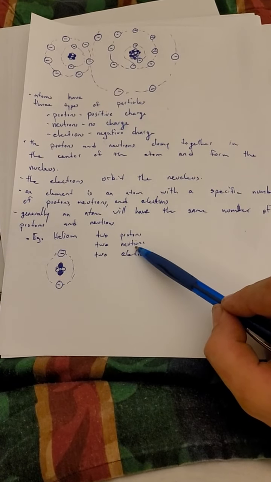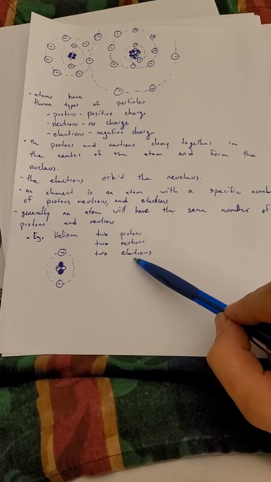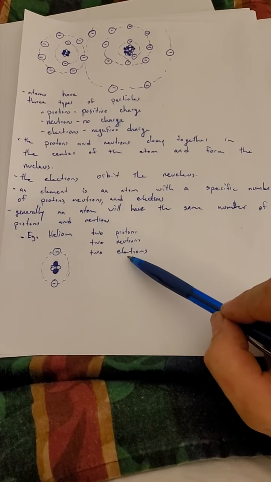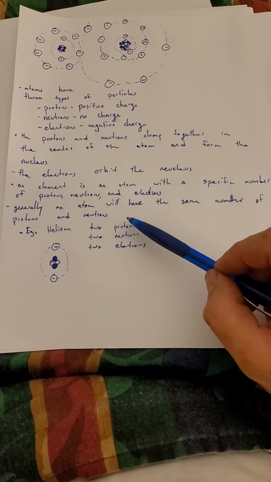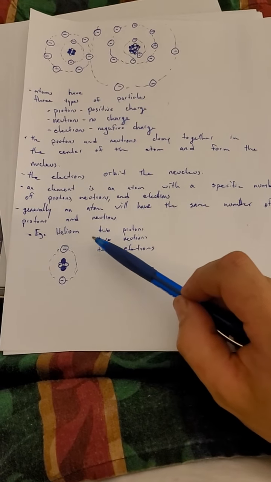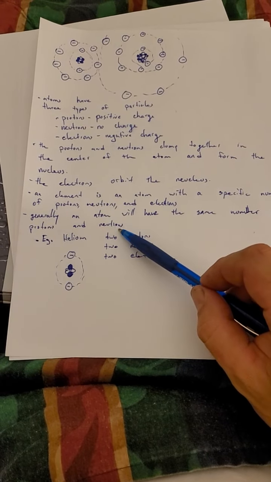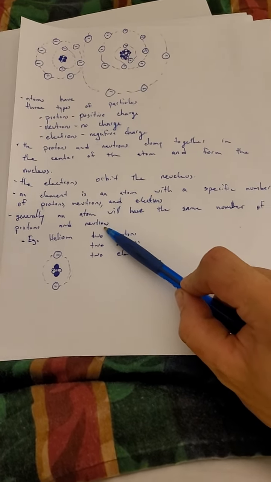Now the number of neutrons might vary, and the number of electrons could vary, but as we'll see here, generally speaking, an atom will have the same number of protons and electrons. I'm sorry, that should say electrons there.